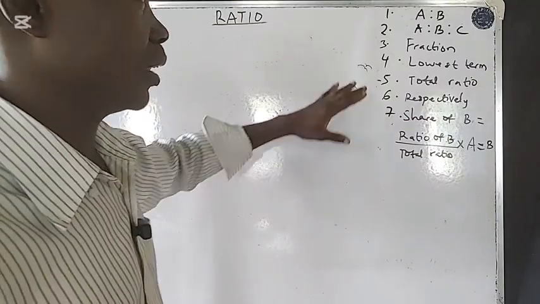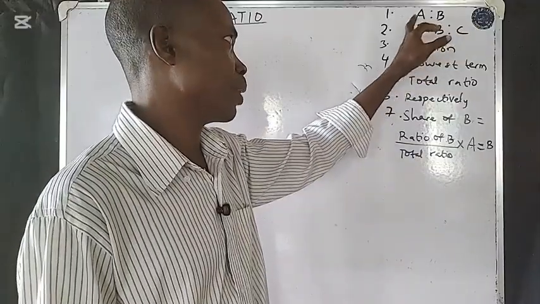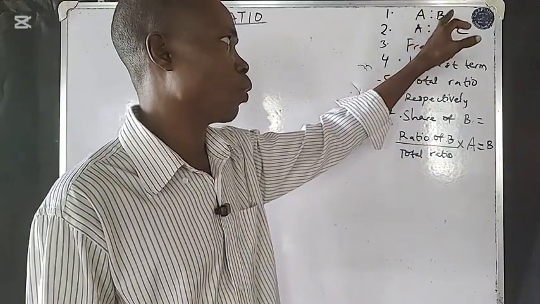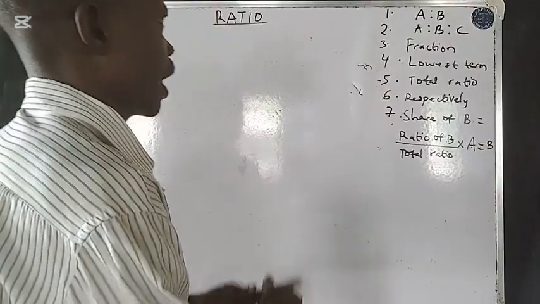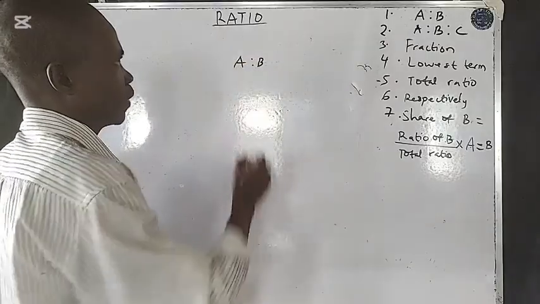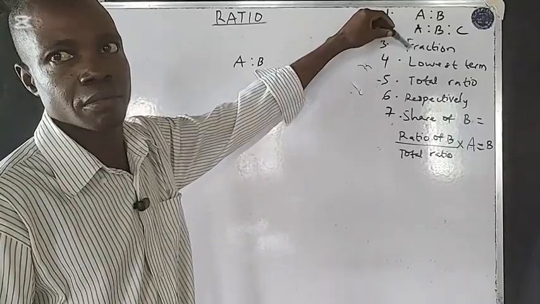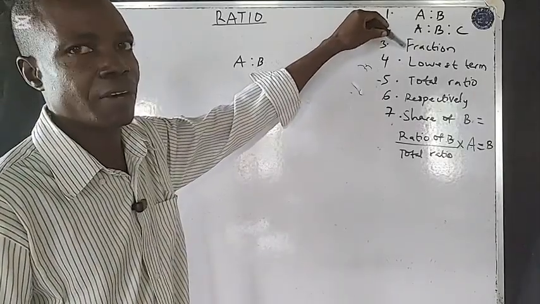Number one fact is anytime you see A colon B, it simply means A ratio B. And A ratio B can also be written in the form of a fraction.